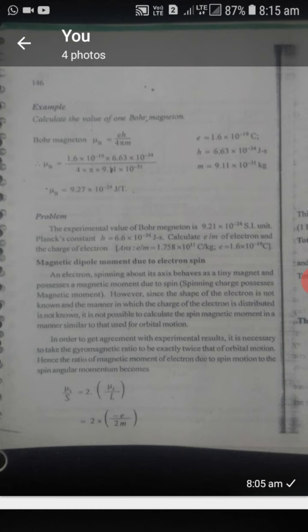Here the electron has two types of spin, up spin and down spin. Therefore we can write mu s, the magnetic moment of the electron due to spin motion, divided by the spin angular momentum, which is twice the gyromagnetic ratio mu L divided by L. Therefore 2 into minus e by 2m, the 2 cancels.